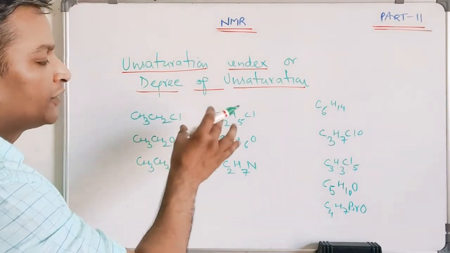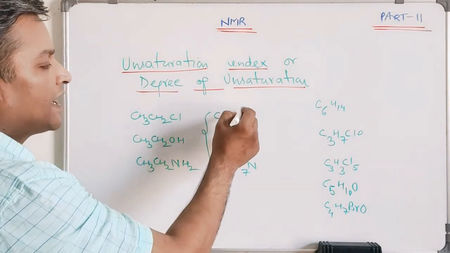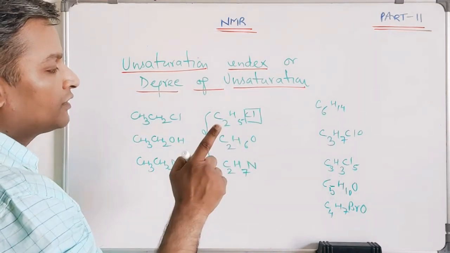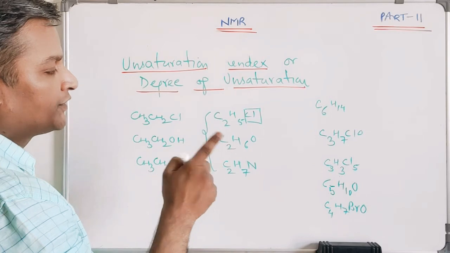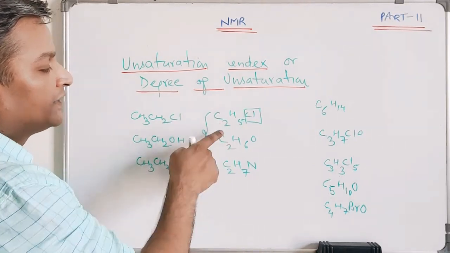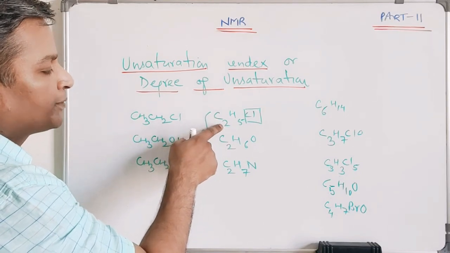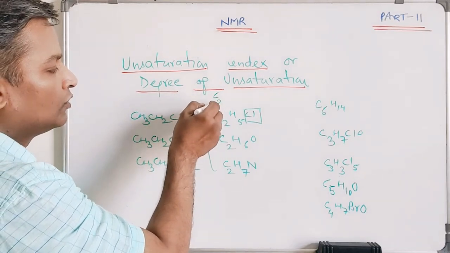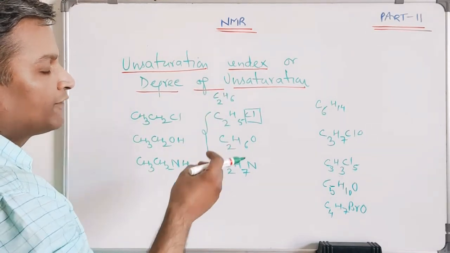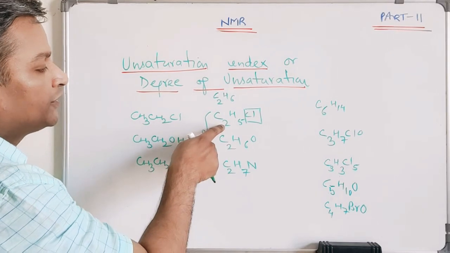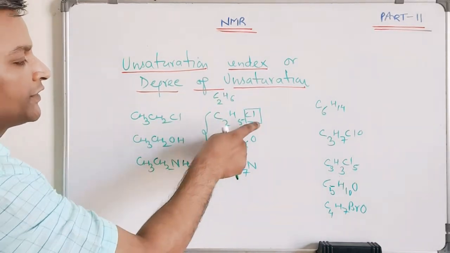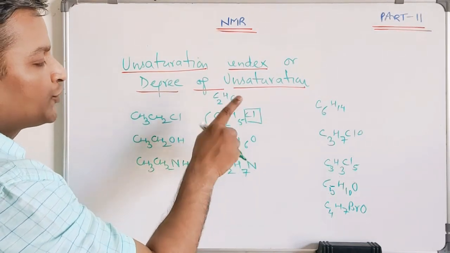As you look at these formulas carefully, you will observe that every halogen is responsible for decreasing the hydrogen by 1 atom in the respective alkane. The respective alkane means, if carbon is 2, the corresponding alkane is C2H6, so the number of hydrogen should be 6. So a halogen decreases hydrogen by 1.